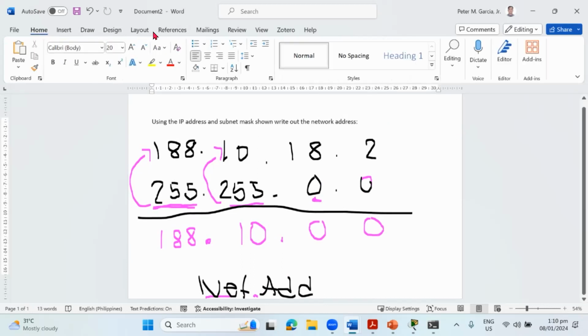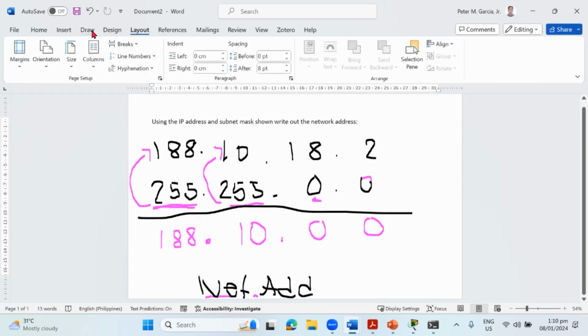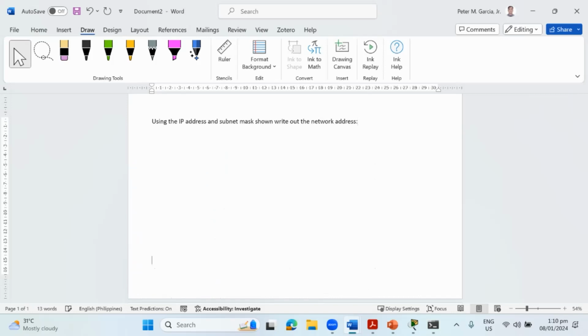That is straight method. Kapag subnet mask mo ay 255 at hinahanap ay network address, just simply copy the value above. Kapag subnet mask mo ay 0, it becomes 0.